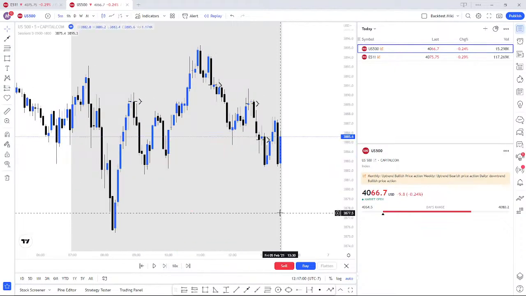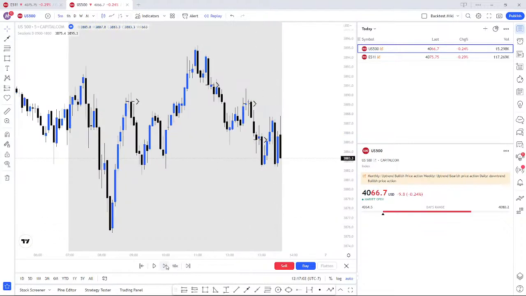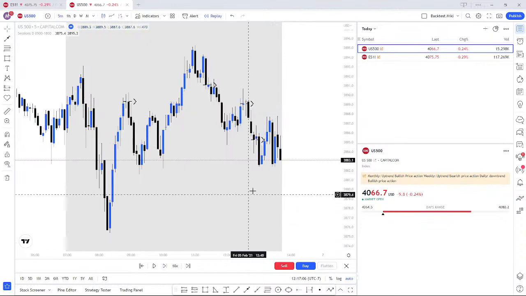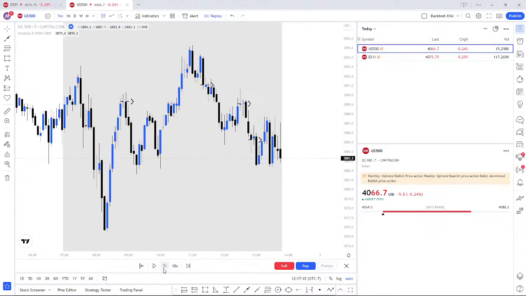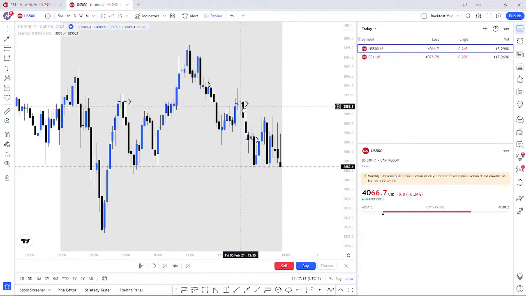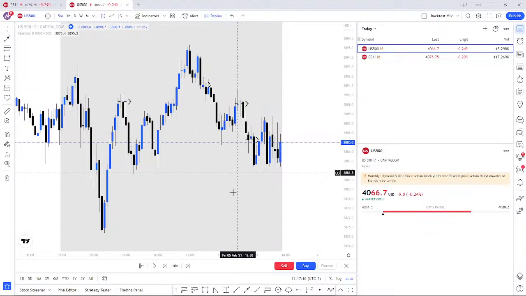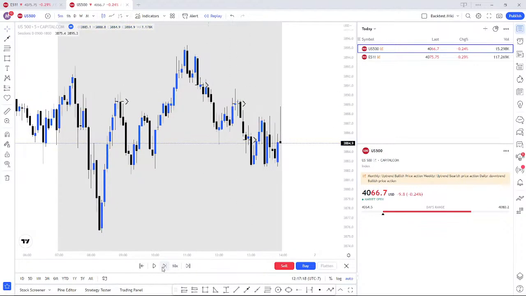End of day madness, 12:30. Get out of the long. I say we get out of the long at break even. Get out of long at break even. 12:40. Put this as break even. So it's now 12:50. Put these as break even already. And that's it.